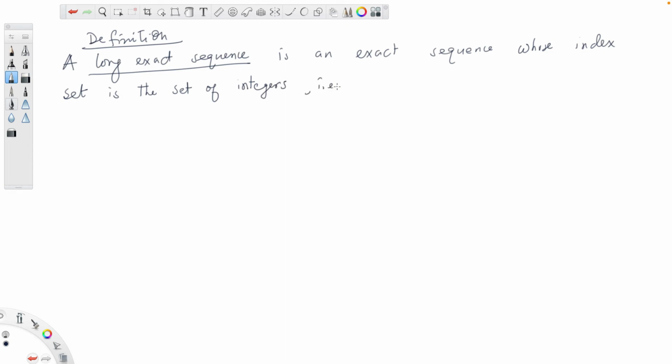That is, it is a sequence that is infinite in both directions.